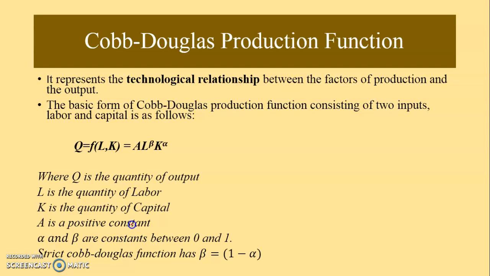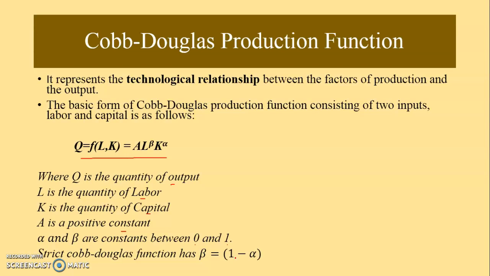The basic form of the Cobb-Douglas production function, consisting of two inputs, is this, where Q represents the quantity of output, L represents the labor, K represents the capital, A represents a positive constant, and alpha and beta represent constants having values between 0 and 1. The strict Cobb-Douglas function has beta equal to 1 minus alpha. So the strict Cobb-Douglas function always has alpha plus beta equal to 1.